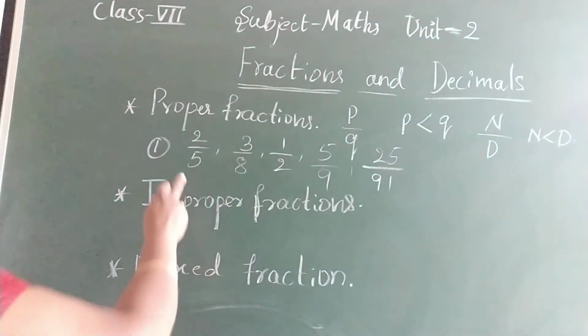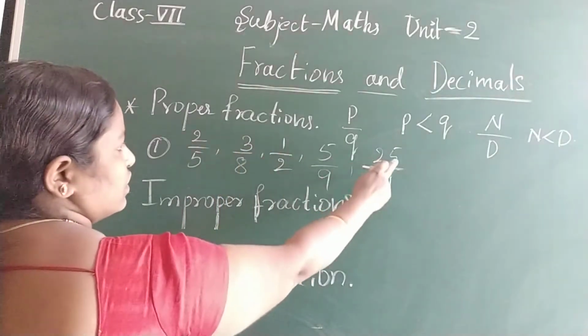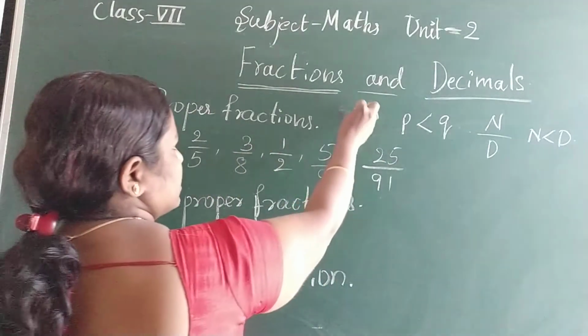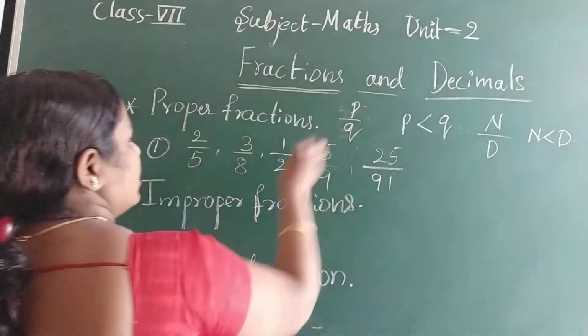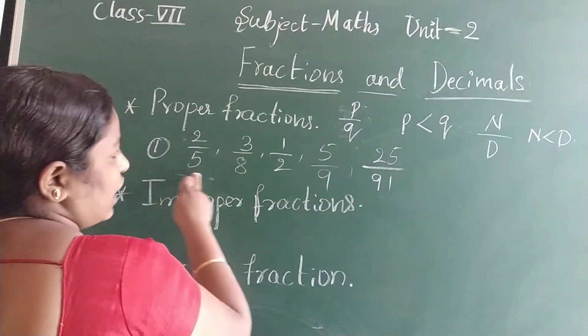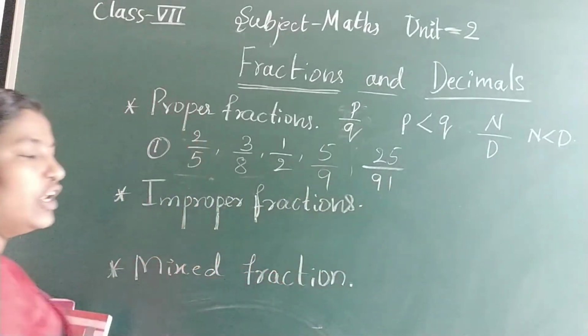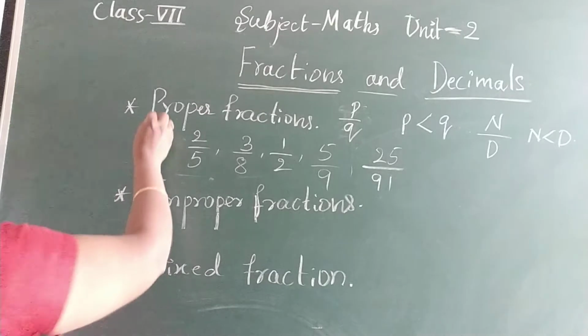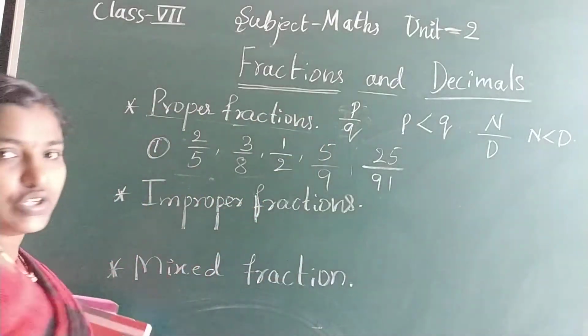Just observe the numerators and the denominators. All the numerators are smaller than their respective denominators. So fractions where the numerator is smaller than the denominator are called proper fractions.